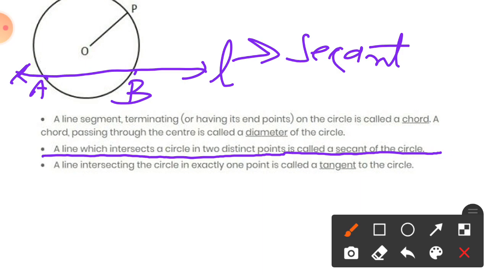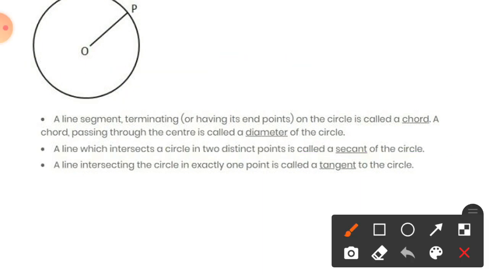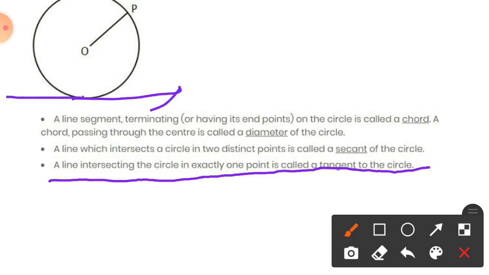Correct, students? Now next, a line intersecting a circle in exactly one point is called a tangent. Suppose I take a point and pass a line through it, and only one point intersects. This is called a tangent. I hope you understand all the parts of the circle.